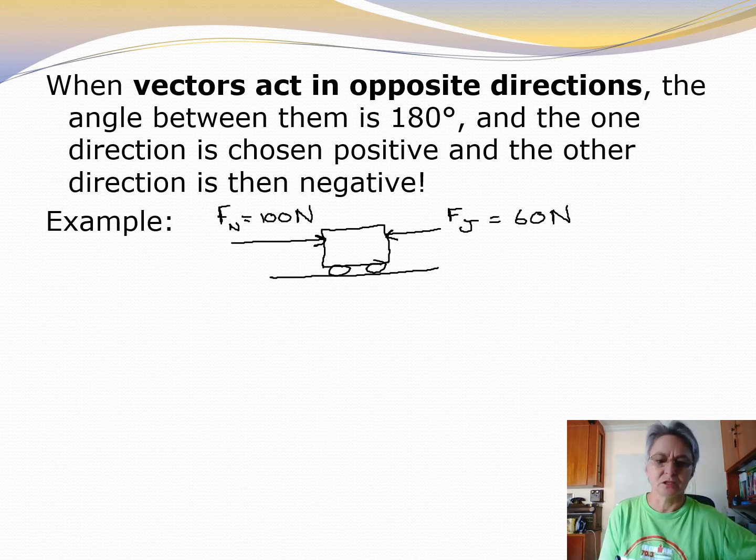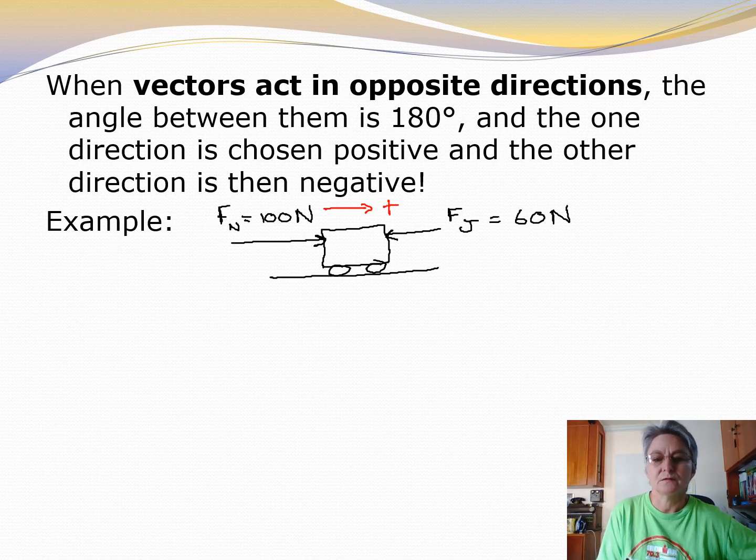Now, because these forces are in opposite directions, we need to decide on a positive direction, then the opposite direction would be the negative. Now I'm going to choose the bigger one as my positive direction. So this one in that direction is positive. That means that in this opposite direction, that would be a negative direction.